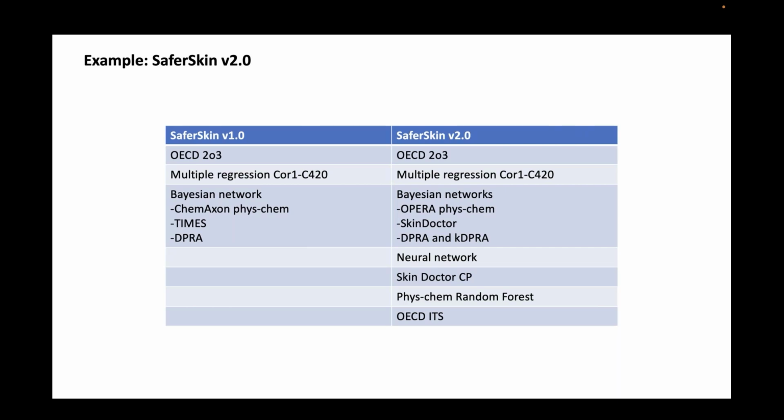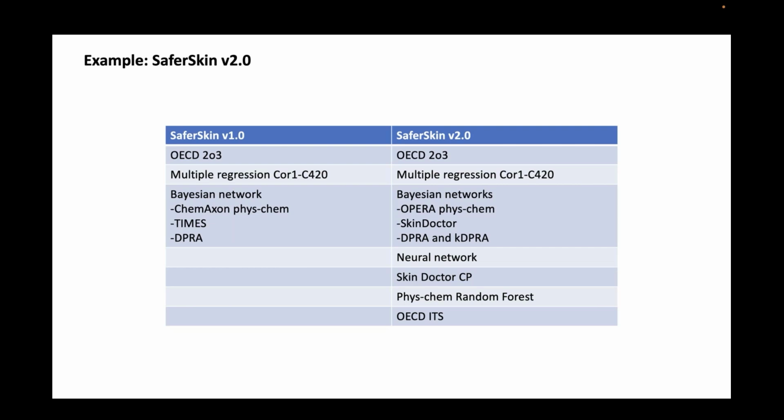In the older version, we had to use some commercial software like Chemaxon to predict physical chemical properties, and Times to predict skin sensitization potency. And we replaced this commercial software in the newer version with open source models.